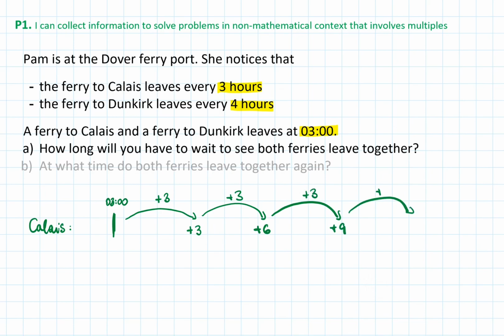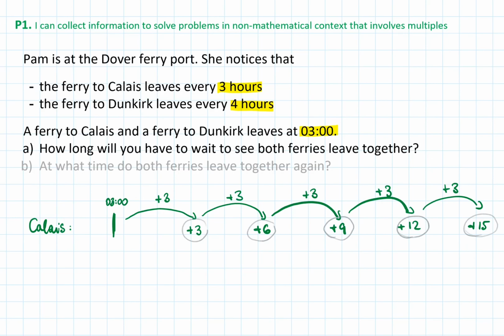And another 3 hours it will leave. And so on. So every 3 hours it leaves from the Dover ferry port. We can see that these numbers are the multiples of 3. These are how long from now the Calais ferry will leave.